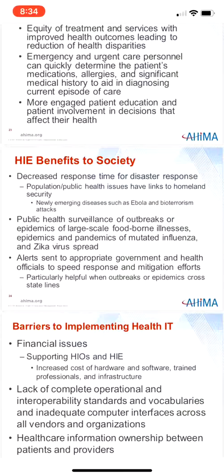Public health surveillance of outbreaks or epidemics of large-scale foodborne illnesses, pandemics of mutated influenza, and the Zika virus spread. And then alerts can be sent to appropriate government and health officials to speed response and mitigation efforts. And this is particularly helpful when outbreaks or epidemics cross state lines.